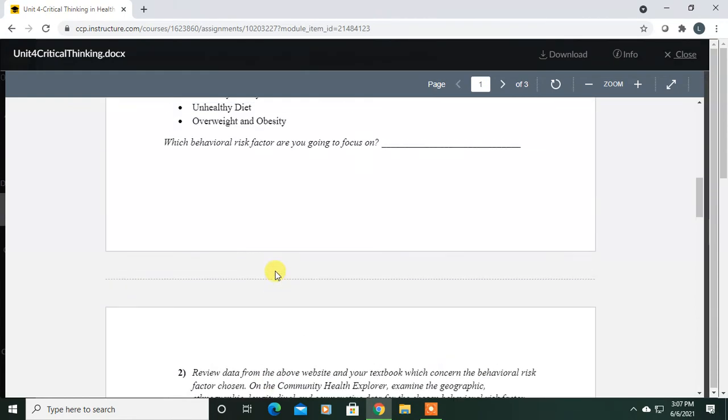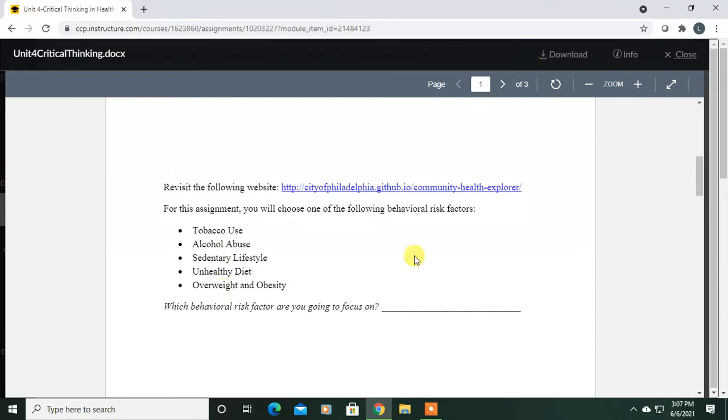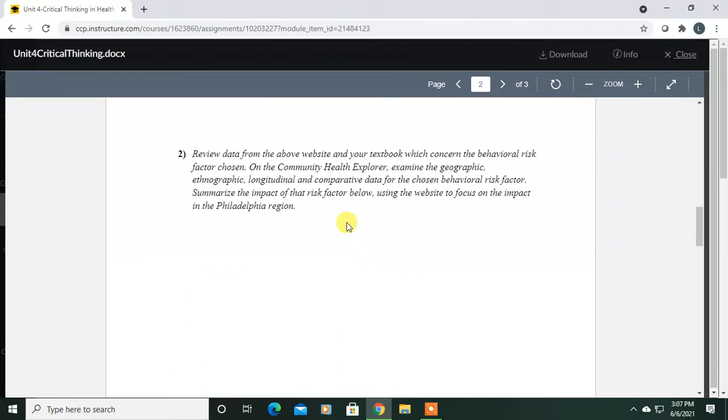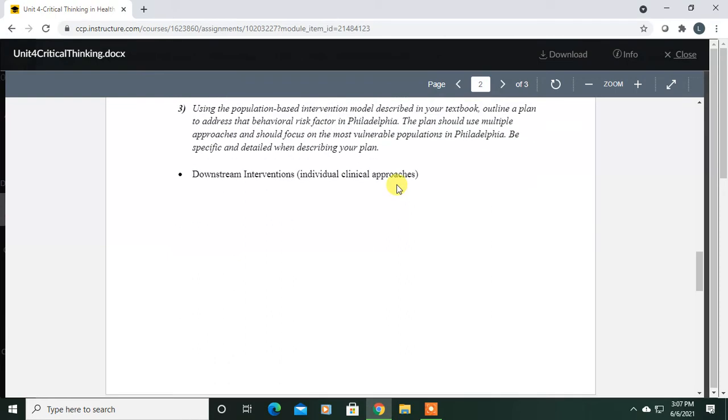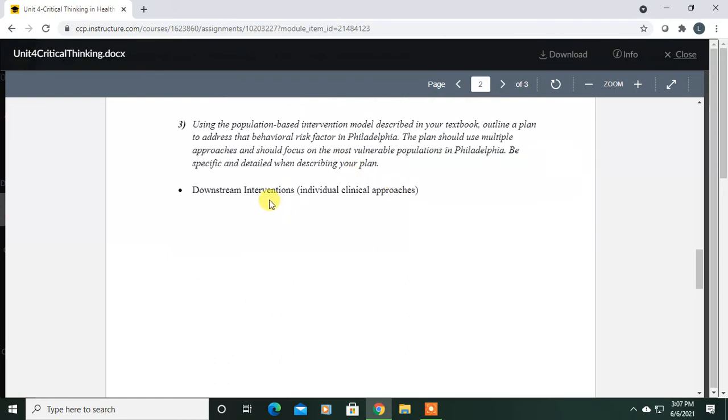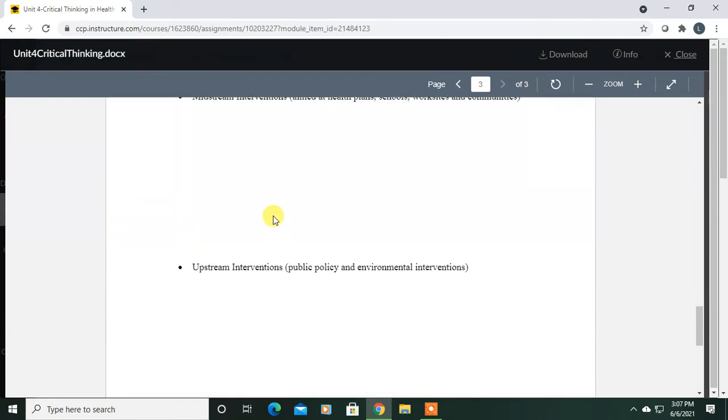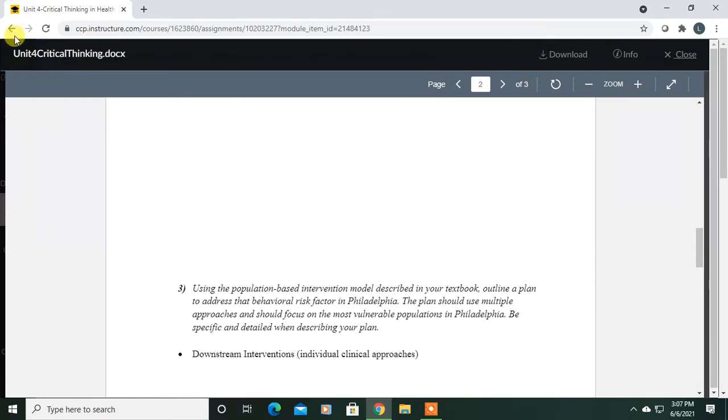Then, using the population-based intervention model described in your textbook, you're going to outline a plan to address that risk factor. That model uses downstream, midstream, and upstream interventions. So read about that for sure, and then determine that plan.